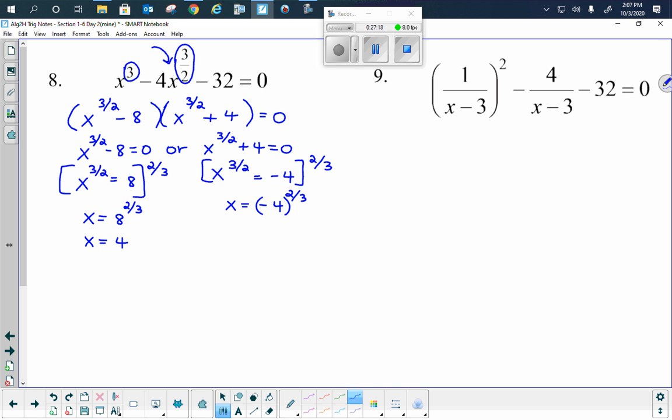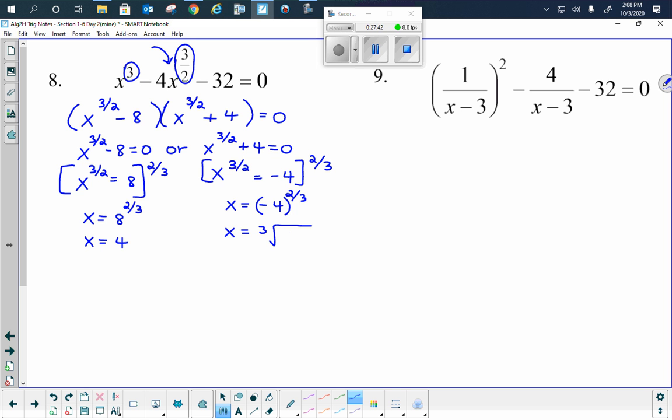I want to make sure I don't mess it up. Okay, so this is really x equals the cube root of -4, squared. And we said that order doesn't matter, but cube root of -4 doesn't sound necessarily friendly. So maybe I will do the squaring first. So I'll go ahead and make this the cube root of -4 squared.